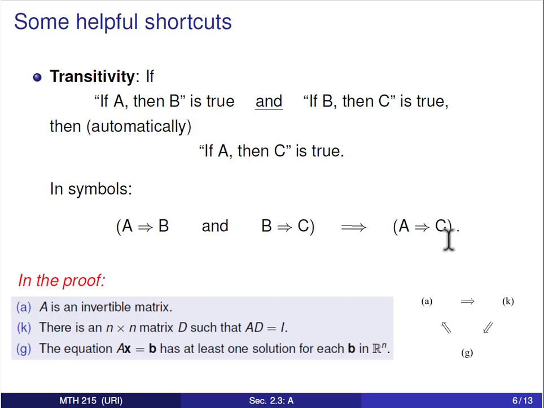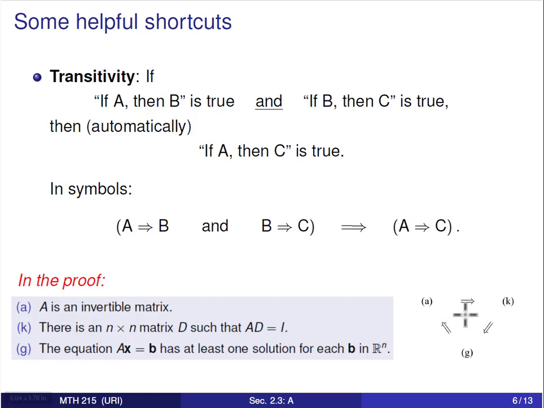Now, in the proof, as you read through the paragraphs of proof, you'll see there is some effort to show that statement A, that A is an invertible matrix, implies statement K, that there is an n by n matrix D such that AD is equal to I.